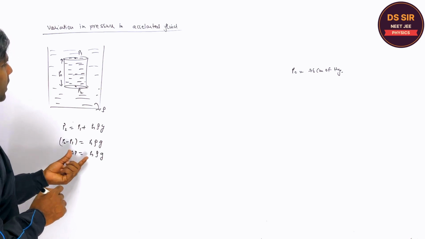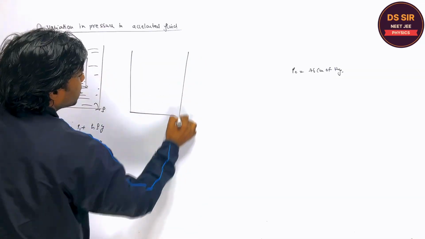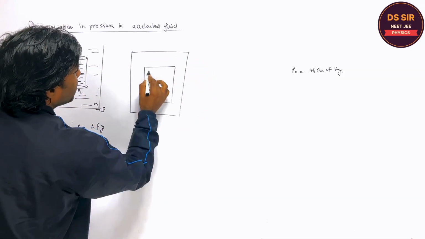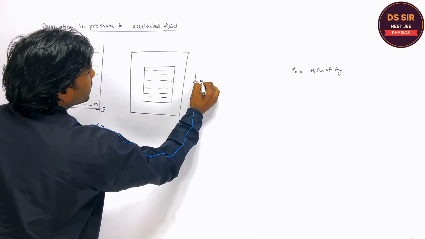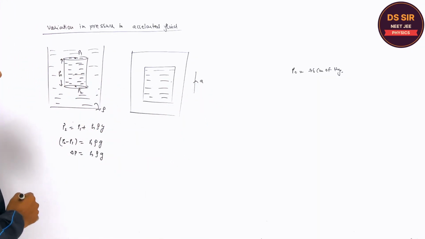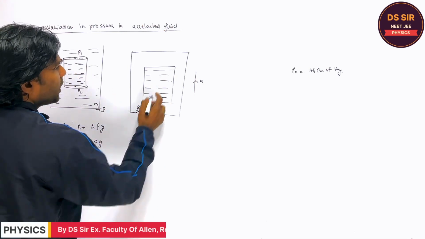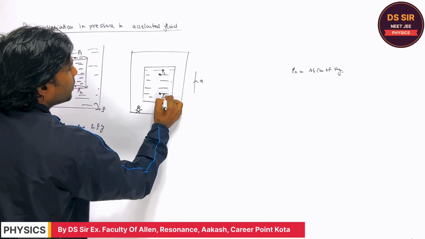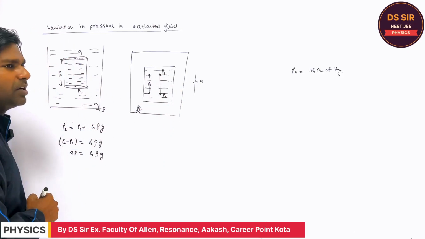Now, if this liquid is accelerated, suppose this is the lift and this is the tank, and the water is filled over here, and this lift is accelerating in the upward direction. You consider the 2 points P1 and P2 at separation H. So what is the difference?